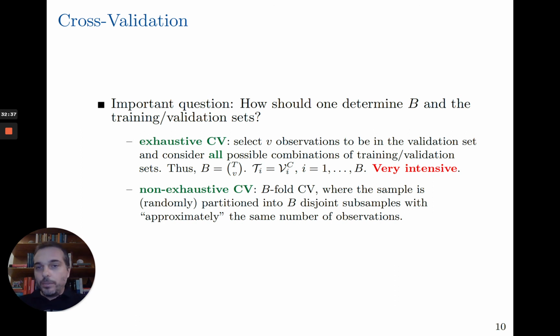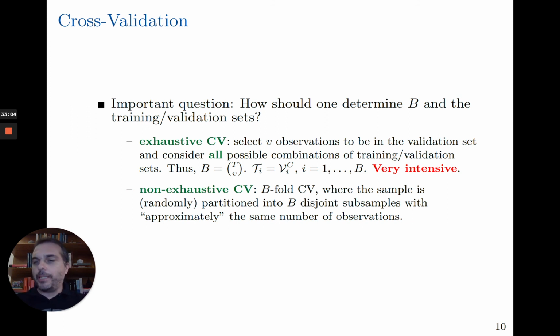So we can do what we call non-exhaustive CV. The most common approach is what we call B-fold cross-validation, where the sample is partitioned, sometimes randomly, into B disjoint subsamples with approximately the same number of observations.